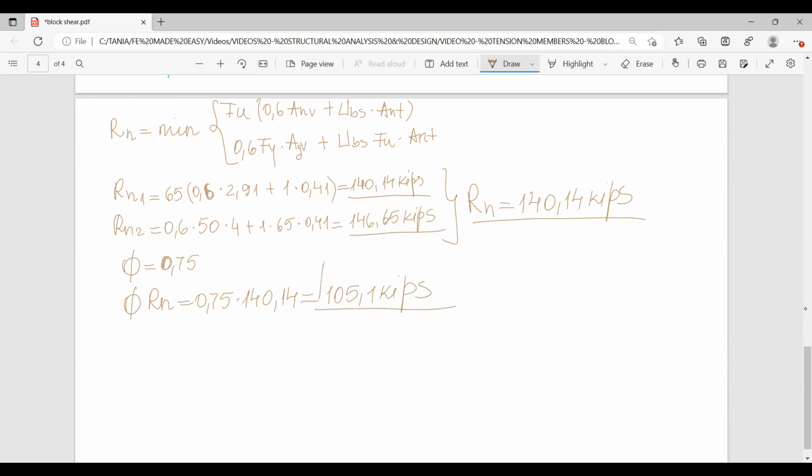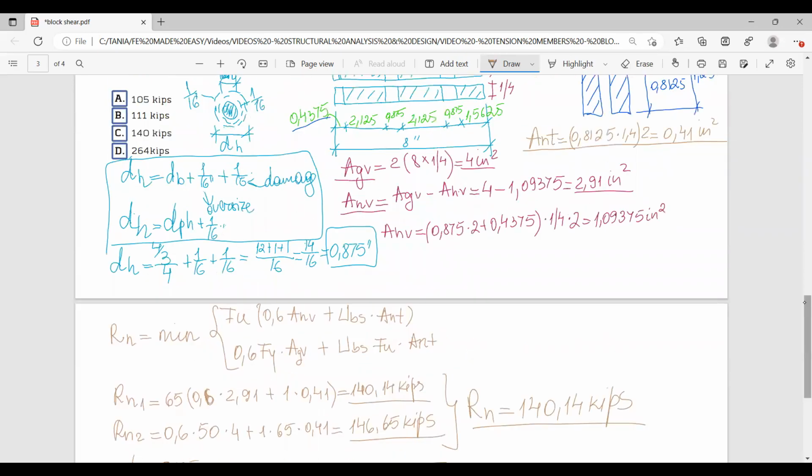And this is your correct answer. Looking at the options, the correct one is A, 105 kips.